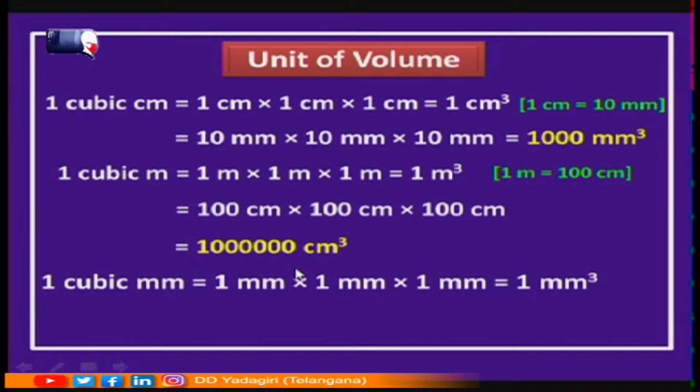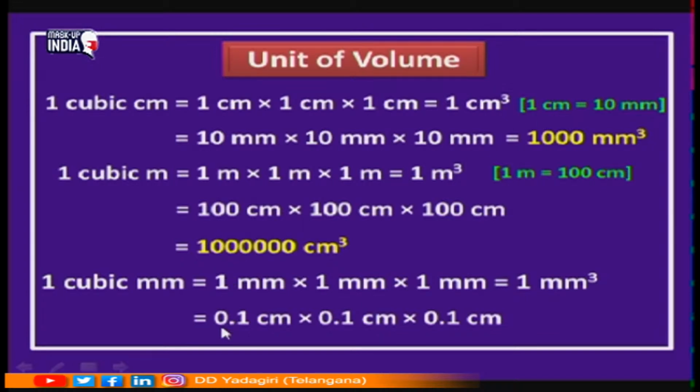Now, we will convert cubic millimeters into centimeter cube. Let us see how to do that. So, I am writing 1 millimeter into 1 millimeter into 1 millimeter, that is nothing but 1 millimeter cube. But children, we have seen 1 centimeter is 10 millimeters. So, what about 1 millimeter? Yes, it will be 1 by 10th of a centimeter, that means 0.1 centimeter.